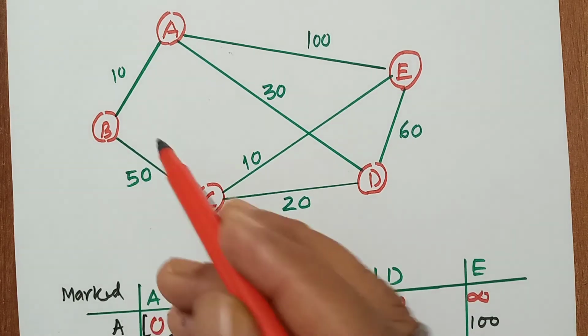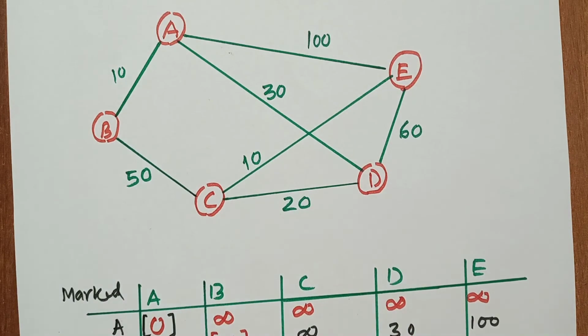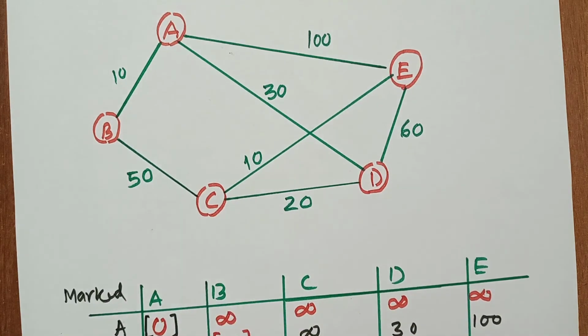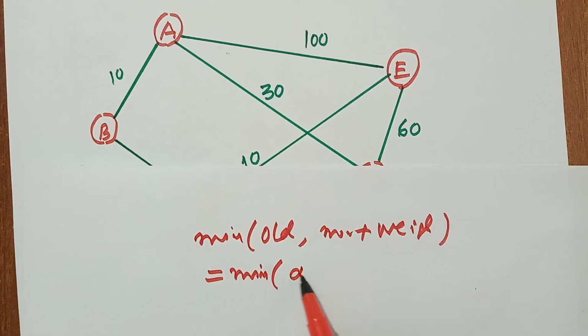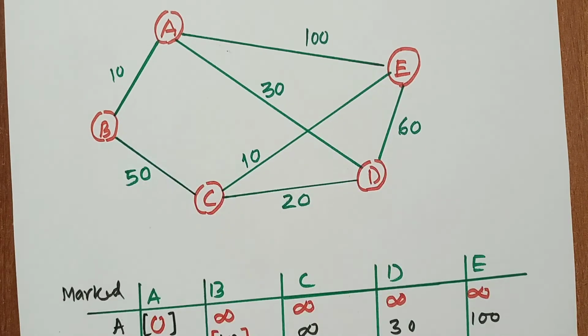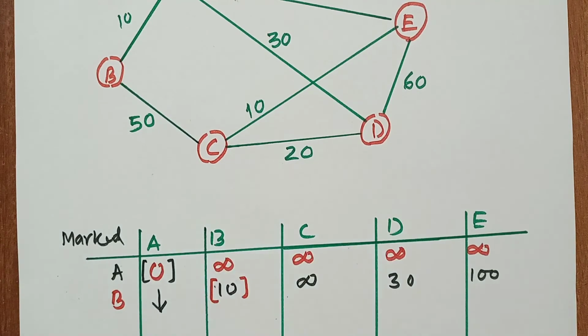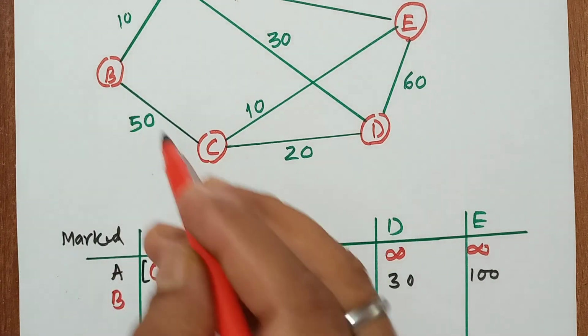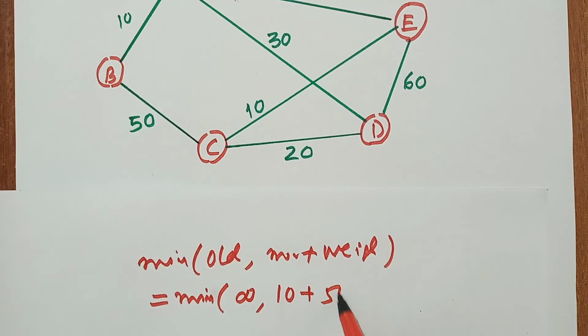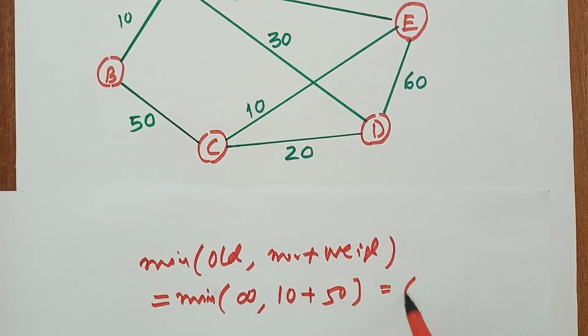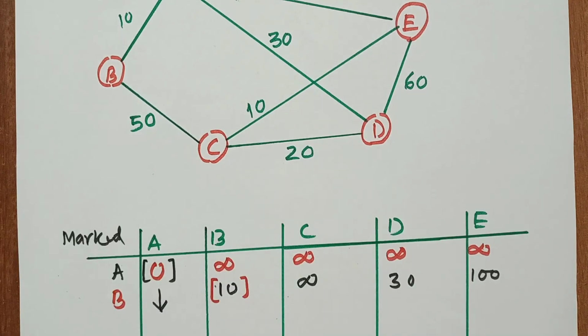What is the old value of C? Infinity. The marked value is 10, plus the weight, which is 50. So this is 60, and we will write 60 below C.